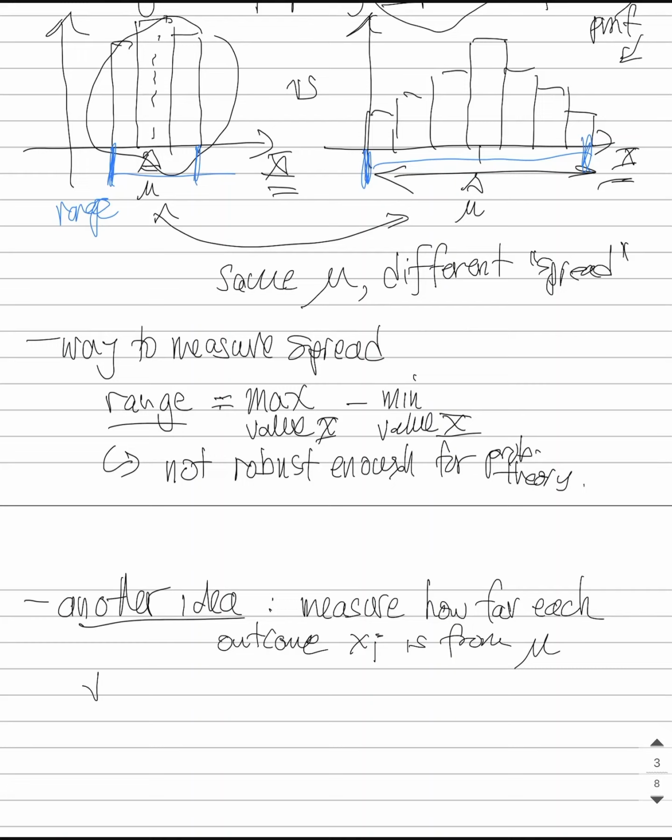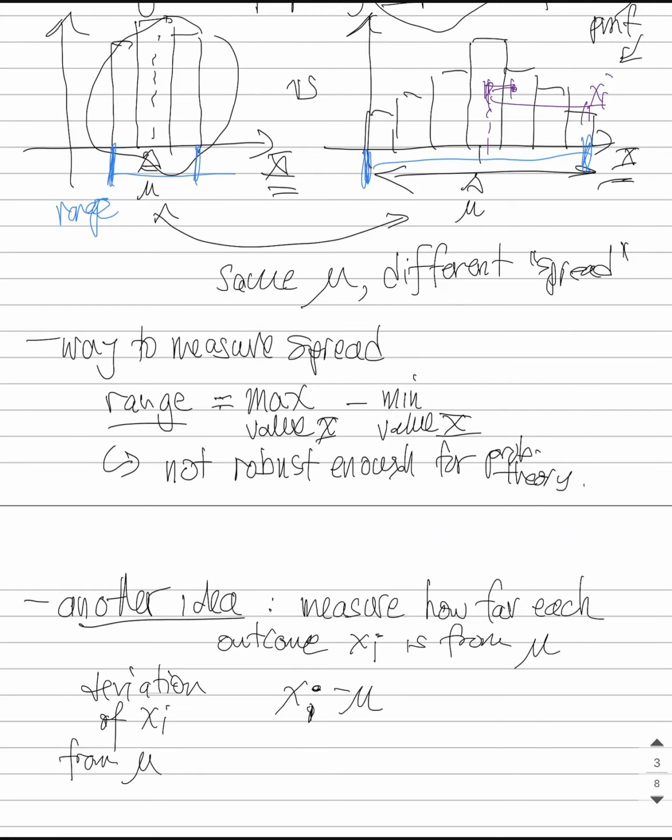And so we will say that a deviation of xi, the root word of deviation is deviate. It means to go away from something. And so xi minus mu is the deviation from the mean. So that just tells you how far away that value is from the mean. And if you look at these pictures above, this value of xi right here has quite a large deviation from the mean, whereas this value of xi has a small deviation from the mean. It's closer.